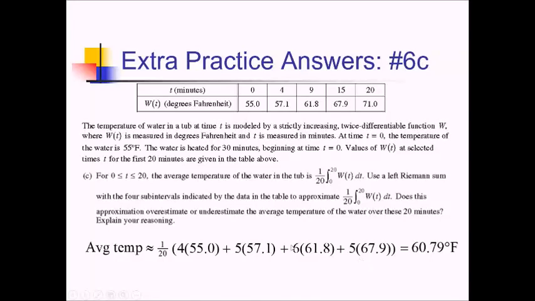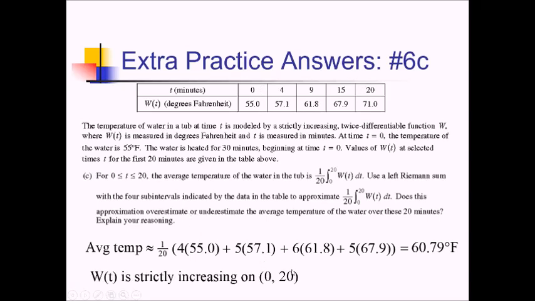Well, the key on this, whenever you're doing a Riemann sum, is to look and see if the function is increasing or decreasing. And based off of that and the type of Riemann sum, we can always figure out if we have an over or under approximation. So the key here is they said that W was strictly increasing. So if it's strictly increasing, that means it's strictly increasing on the interval that we're approximating over, the interval from 0 to 20.